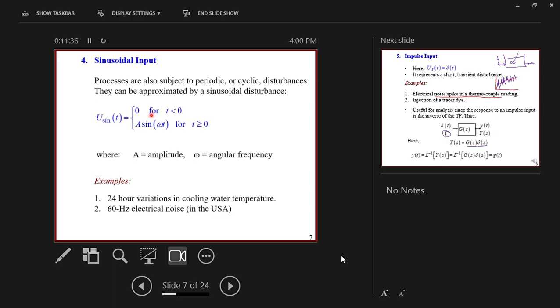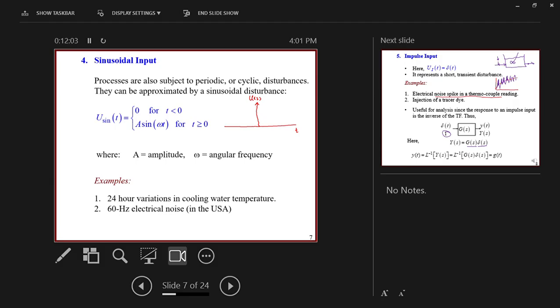So its value is 0 before the time is 0. Let me represent this graphically. So if we have the time scale, so this is time scale t, and this is u of s. Okay, let me change the color.